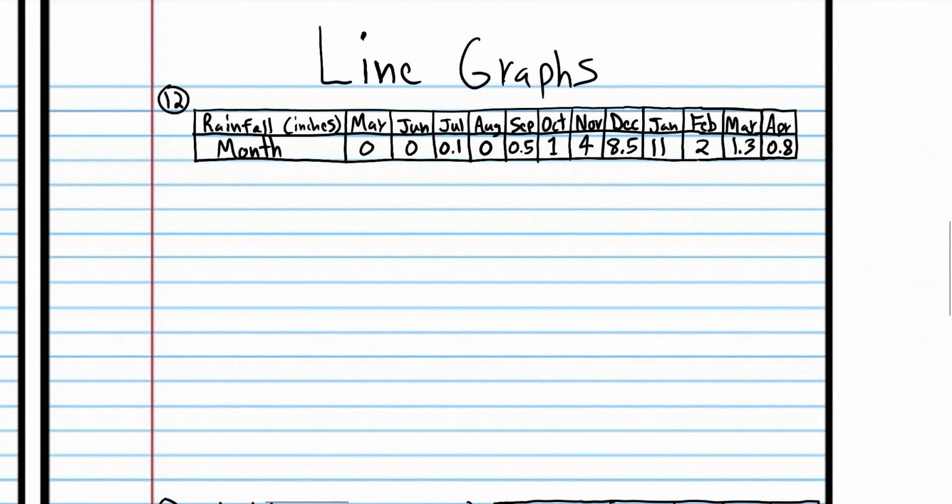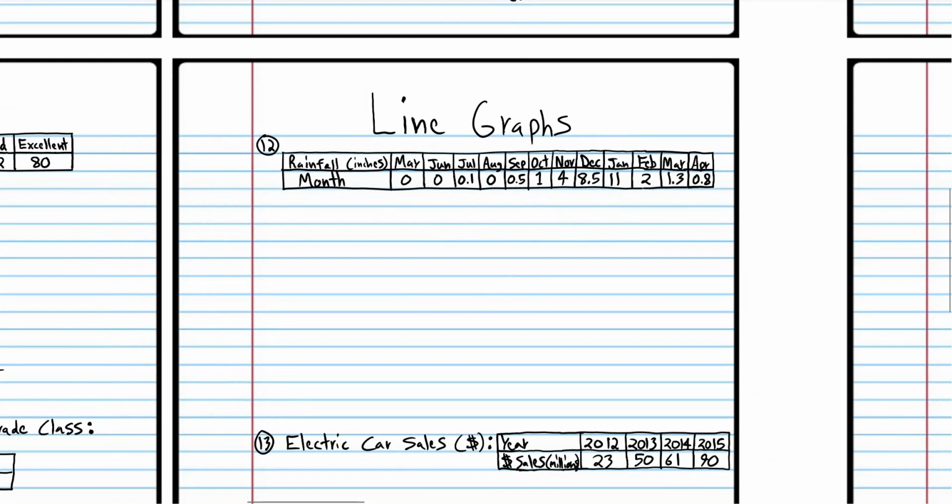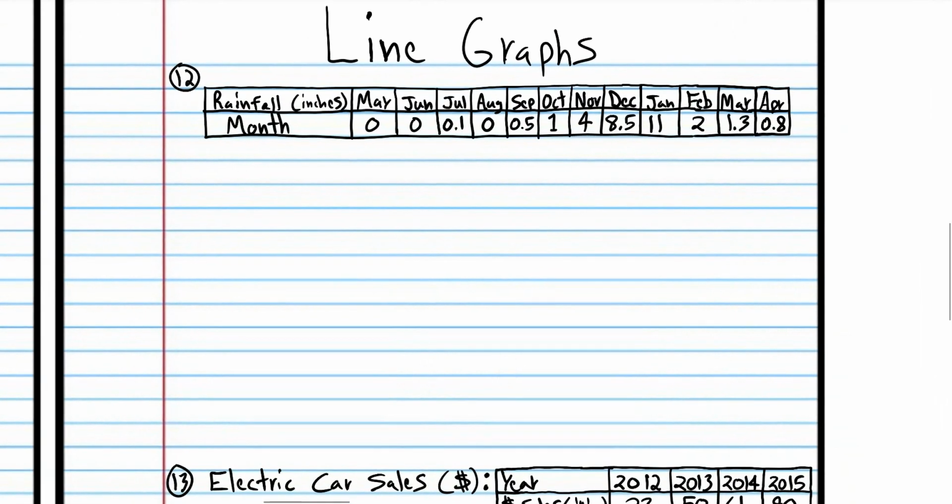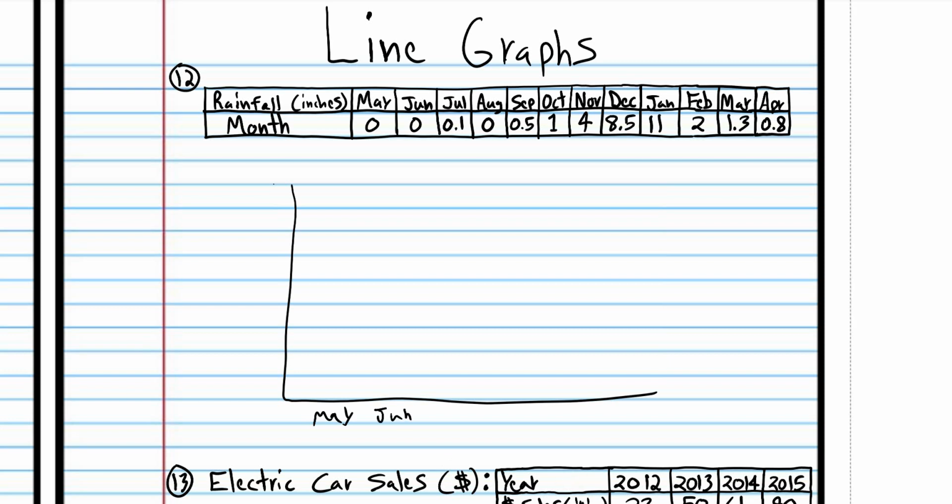Let's do this first one to show you what line graphs are. So we're going to draw a vertical axis and a horizontal axis like usual. And we're going to label the months. This is rainfall over the course of a year.